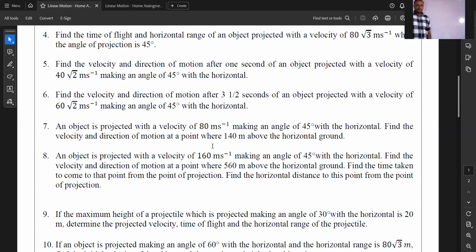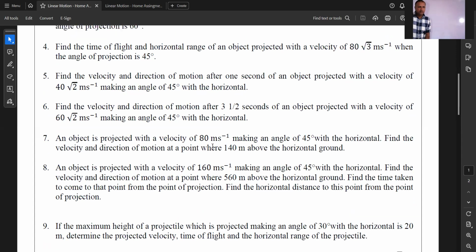Sixth one. Find the velocity and direction of motion after, fifth one, no? Fifth one.